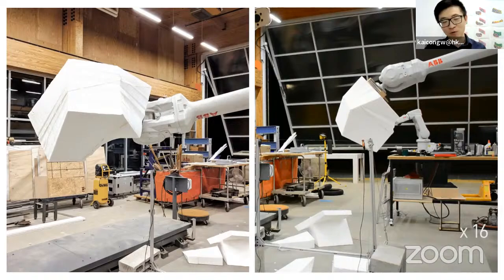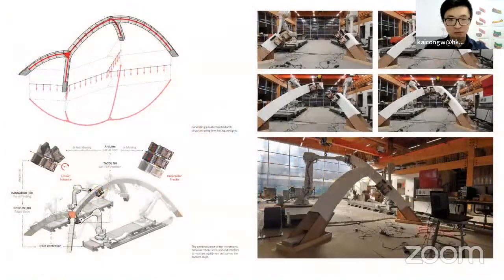So this is a more detailed problem. But once I figured out this keystone and the previous synchronization of the positioning, as you can see, we can keep increasing the complexity of the structure. So you can pretty much design multiple branched structures as long as the highest valence of the joint is 3, right? So you can use 2 robotic arms to keep increasing the complexity of the form.